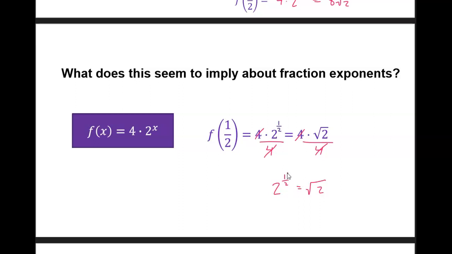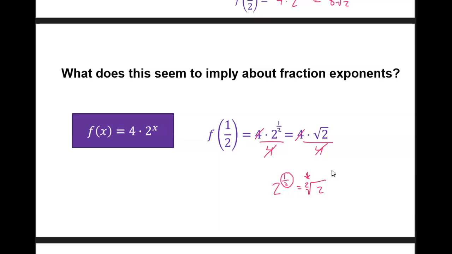So this seems to imply that a 1/2 exponent is the same thing as a square root, so 2 to the 1/2 turns into root 2, or square root of 2.